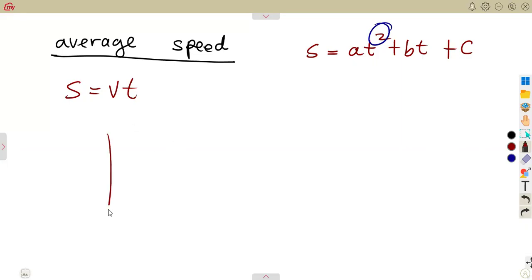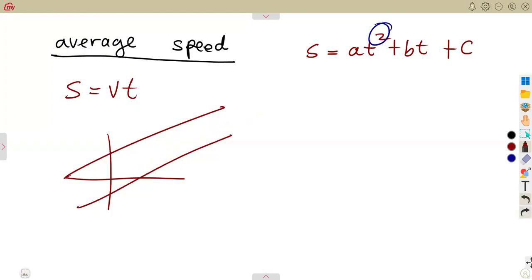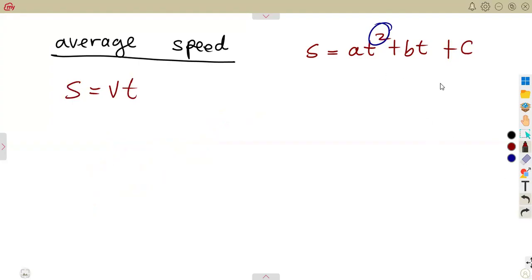That's a linear function, so you draw a straight line. But once you're given at squared plus bt, that's just like a quadratic function. So your function is going to have the same concept as the algebraic function, and then you consider 2 points again. Here, I'm not going to waste much time. I'm just going to talk about finding this average speed.